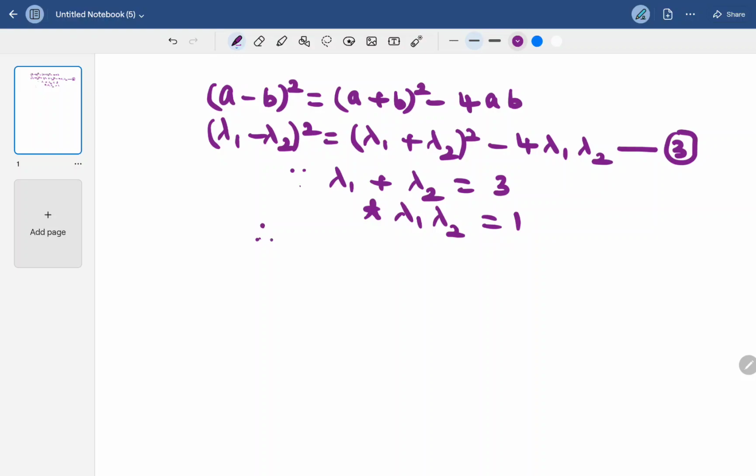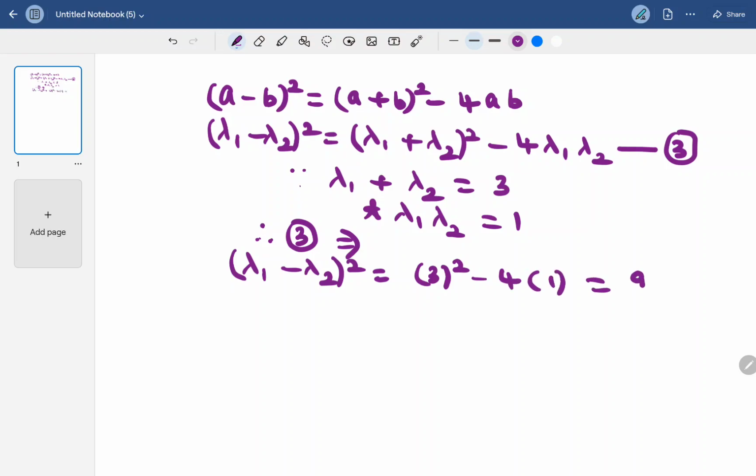Therefore, (lambda 1 minus lambda 2) whole square equal to (lambda 1 plus lambda 2) whole square minus 4 lambda 1 lambda 2. This is nothing but 3 square minus 4 into 1, 9 minus 4, which is nothing but 5.